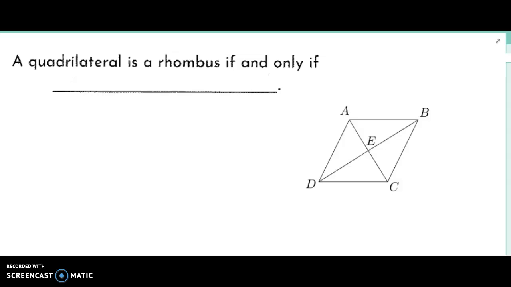All right, so we're first going to talk about a rhombus. And before we talk about the properties of a rhombus, we need to first talk about the definition. The definition: a quadrilateral is a rhombus if and only if it has 4 congruent sides.